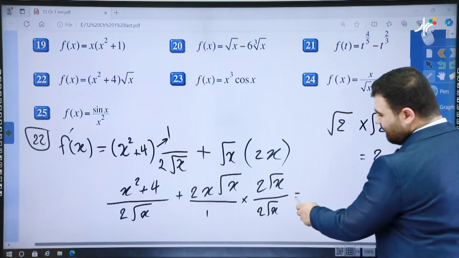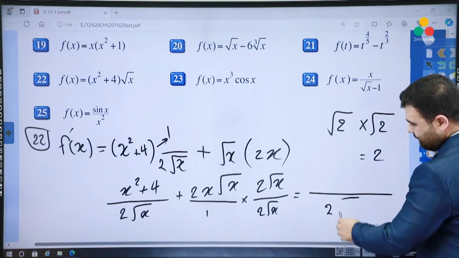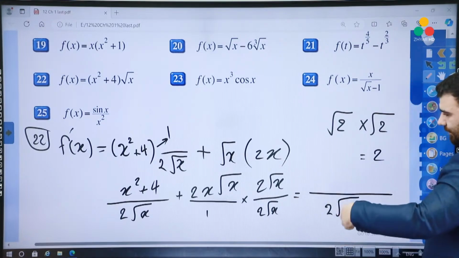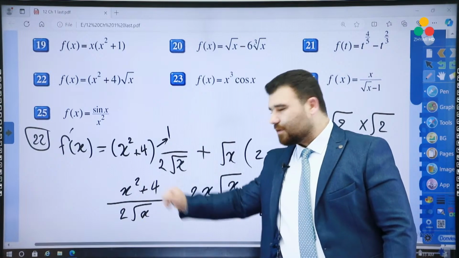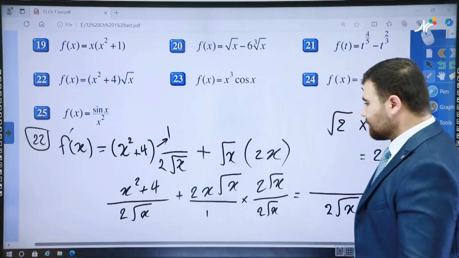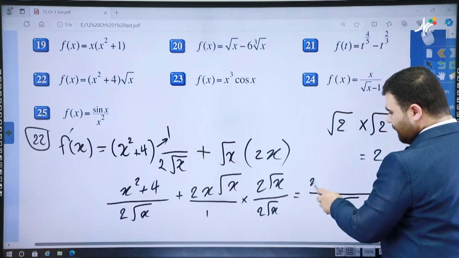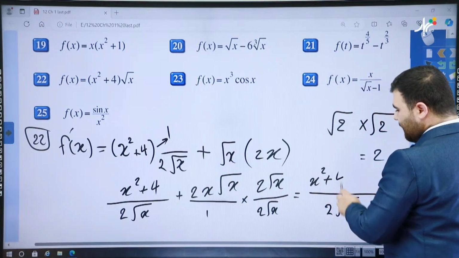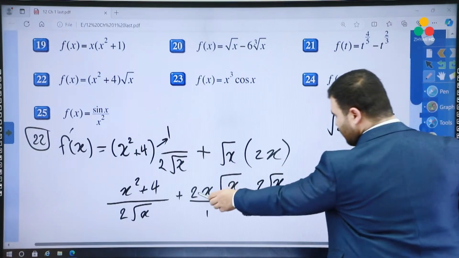Then let's simplify this one more step. The denominator is 2 square root x for both. This one already has this denominator. This is why we don't multiply. 2 times 2 is 4. Let's write the x squared plus 4 as it has no problem. Plus 2 times 2 is 4.